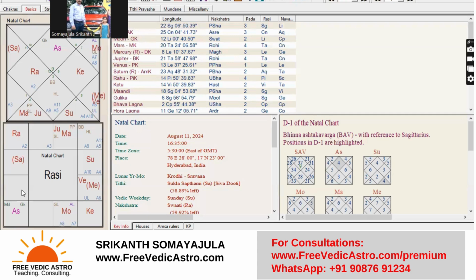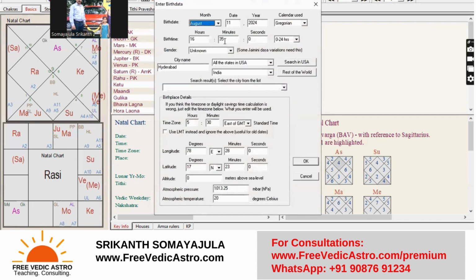I mean, what I would recommend is understand where the cusps are moving in each of the padas. It is very simple. It will move like 1, 2, 3. I'll tell you how. Let me just place this in Aries so that it's easier for you to understand. So if I have to move this to Aries, then it should be like this.